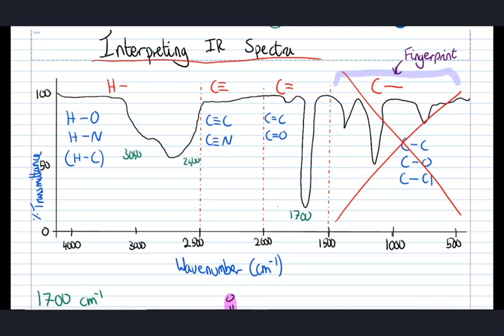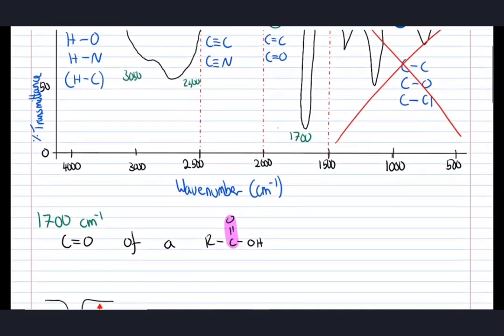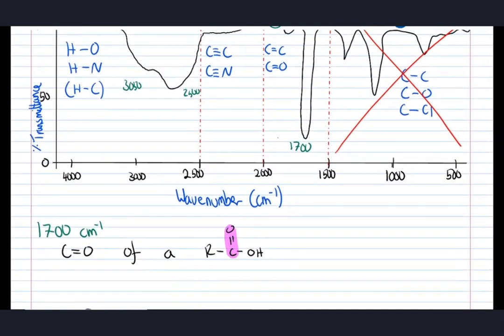If we have a look at our data sheet, we will see that the OH stretch in a carboxylic acid occurs between 2500 and 3200, and it also says that the stretch is broad. So 2500 to 3200 centimeters to the minus 1 would suggest the OH of a carboxylic acid.